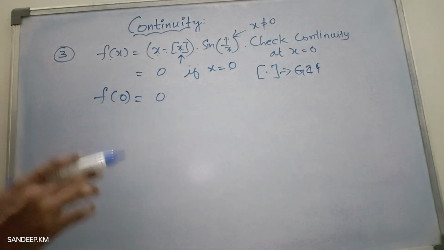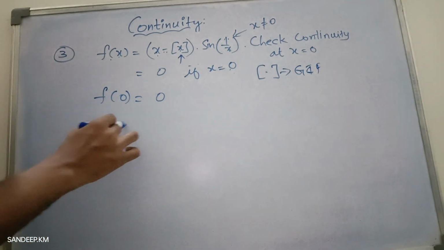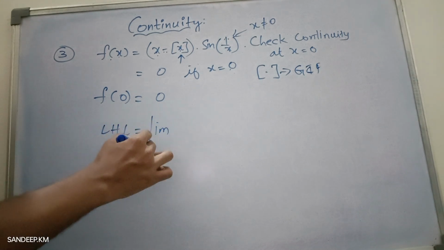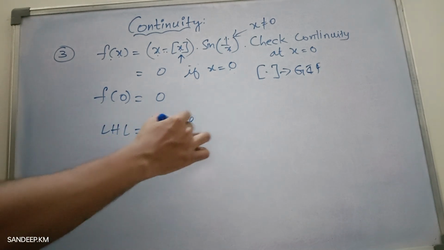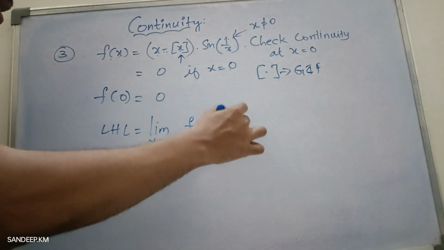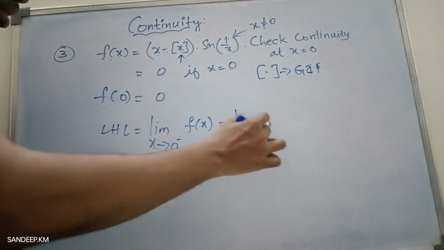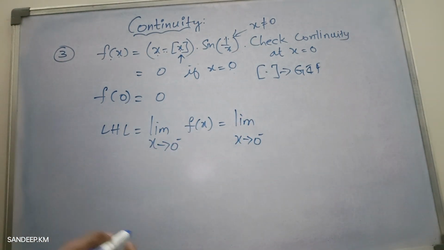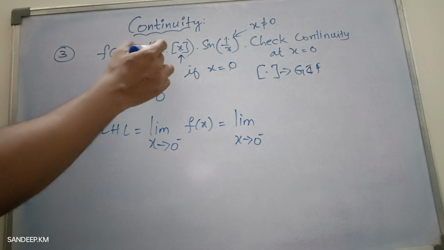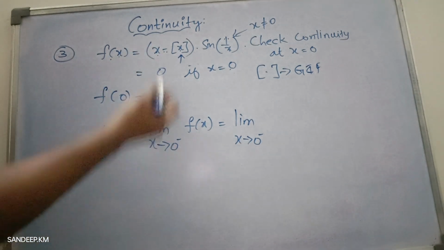Okay, let me find the left hand limit. If I try to find the limit as x approaches 0 minus of f of x, by definition, I hope all of you know that.